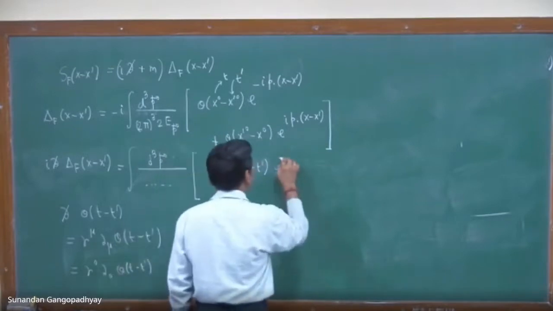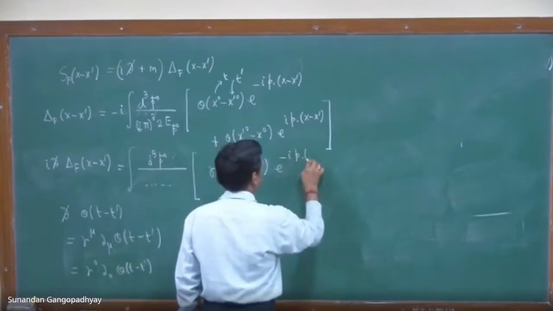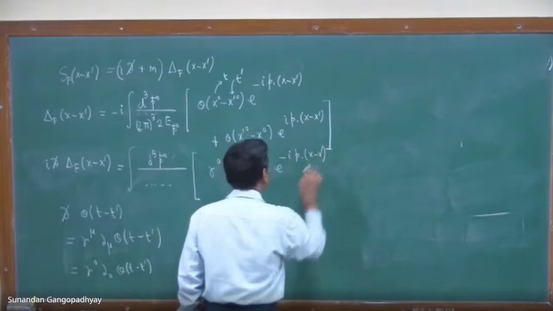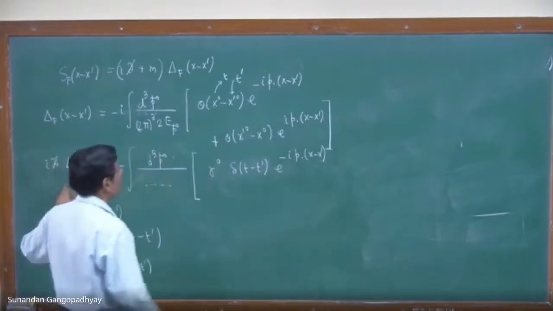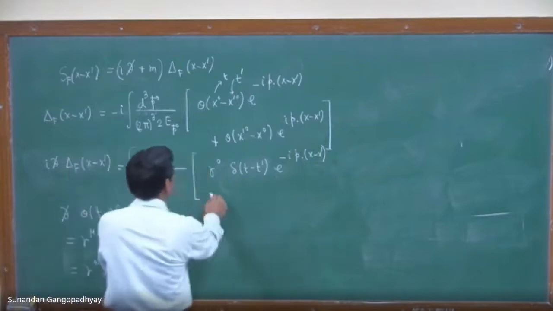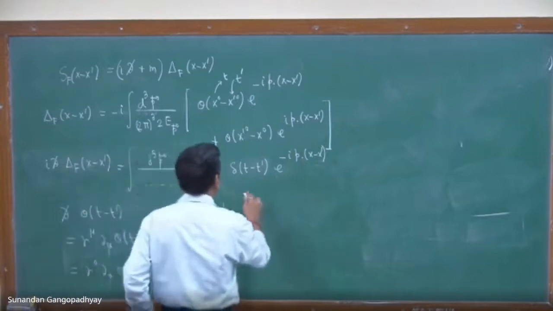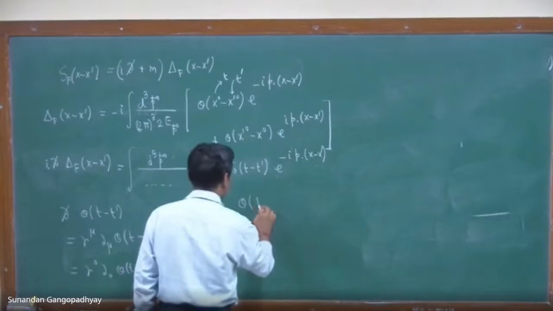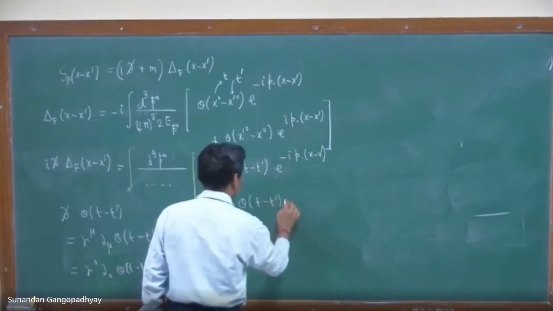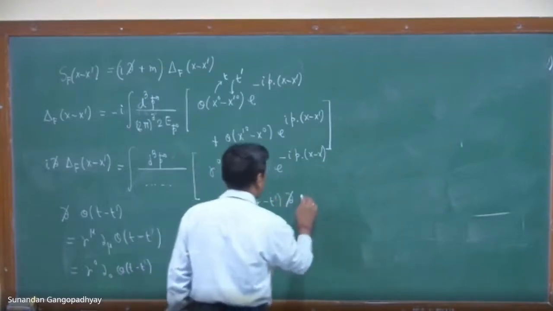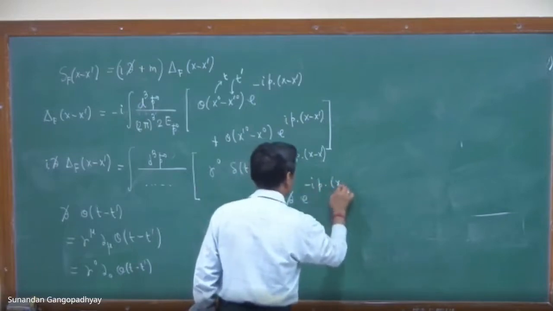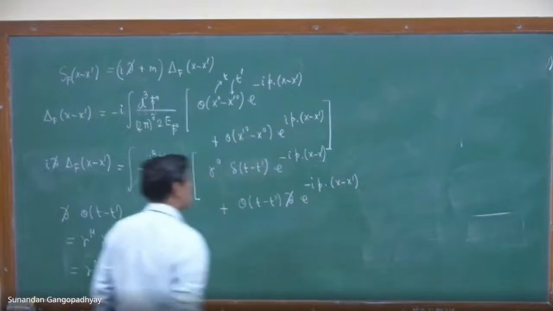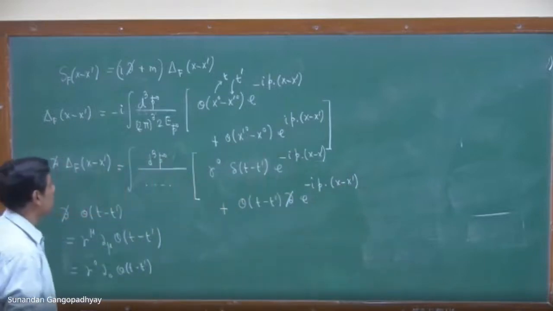Then we have e to the power minus i p dot x minus x prime, this term. So that takes care of the first term. The second term is plus theta of t minus t prime, del slash acting on e to the power of minus i p dot x minus x prime. So these are the first two terms.